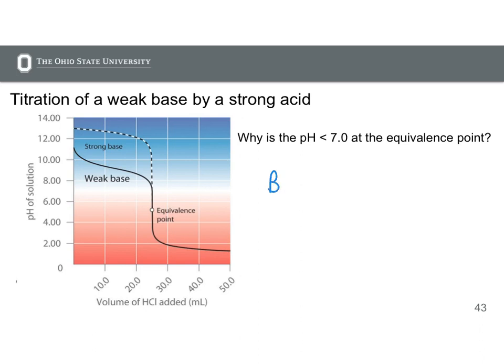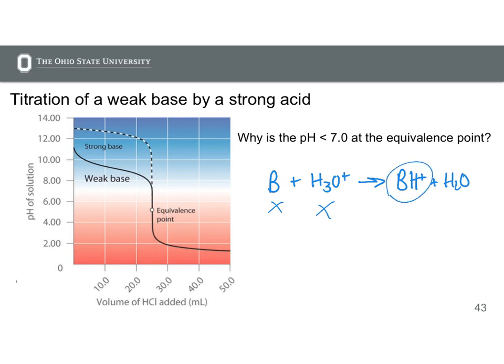So let's say we have a base B, and we are reacting with H3O plus and forming BH plus, that's the conjugate acid, and water. If we've reached the equivalence point, that means we've gotten rid of all of our base because we've reacted it with the strong acid.